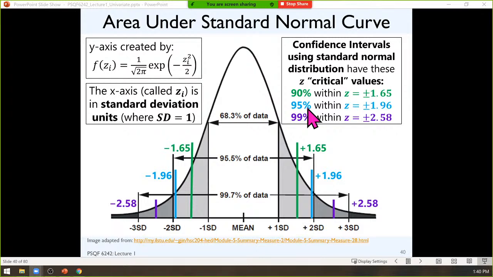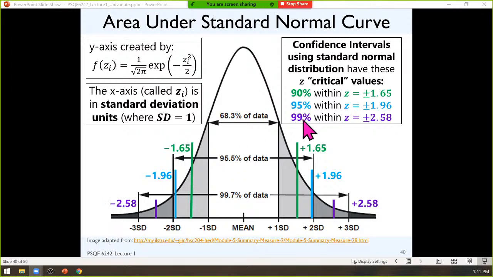95% is the most typically chosen value. That is saying that 95% of the time is within wiggle territory and 5% is extreme. But we've divided it into 2.5% on the right side and 2.5% on the left side.